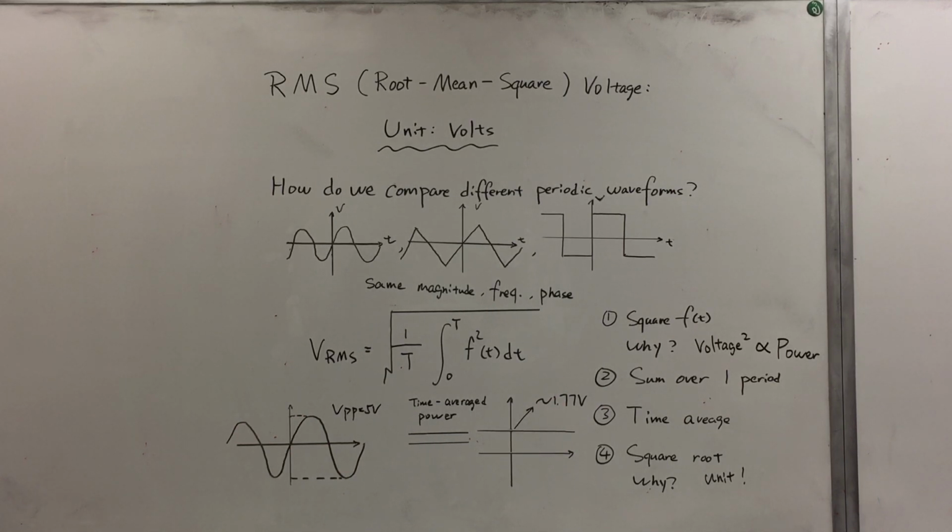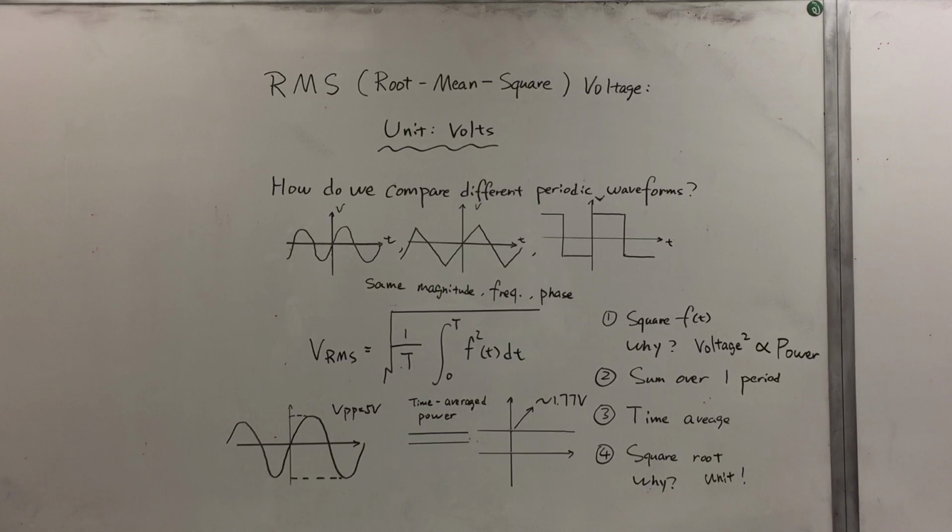You did the calculation already. What that means is a sinusoid with VPP equal to 5 volts carries the same time average power as a constant DC voltage at the value of VRMS equal to 1.77 volts. That's exactly the story about VRMS and the meaning of VRMS.